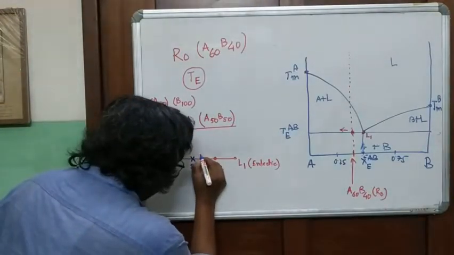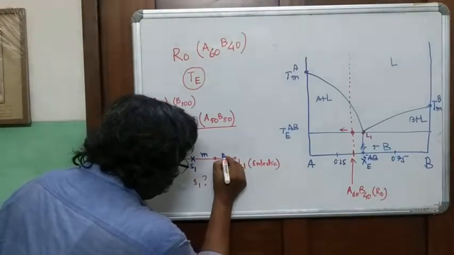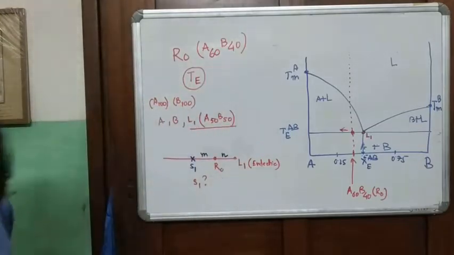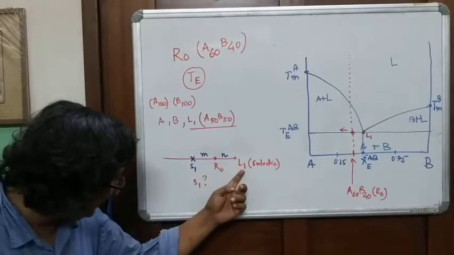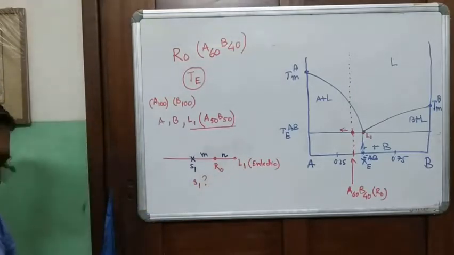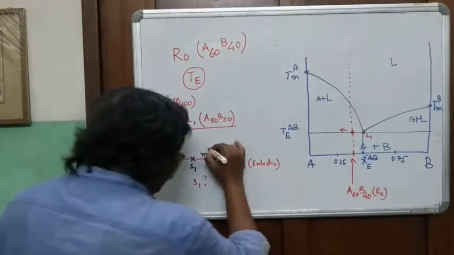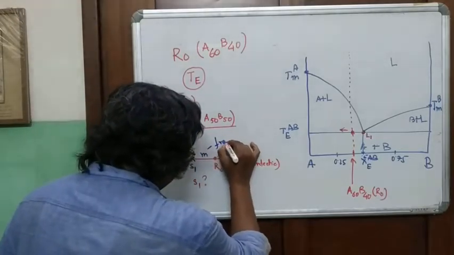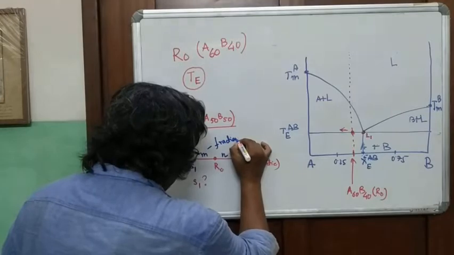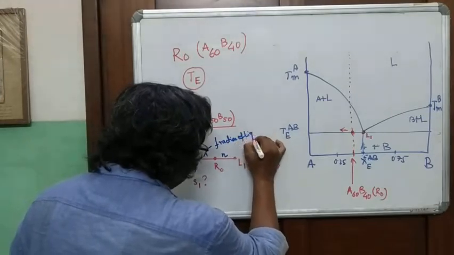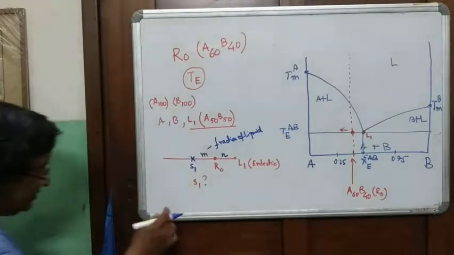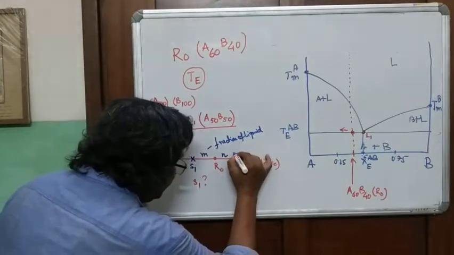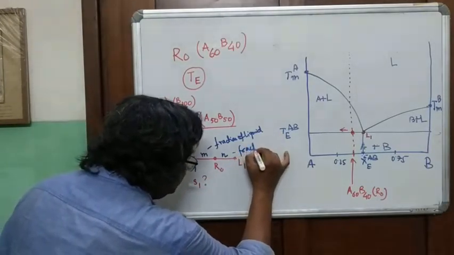Now, this is M and this is N. What is M? M is S1 R0 divided by S1 L1. M is the fraction of liquid. And N is the fraction of solid.